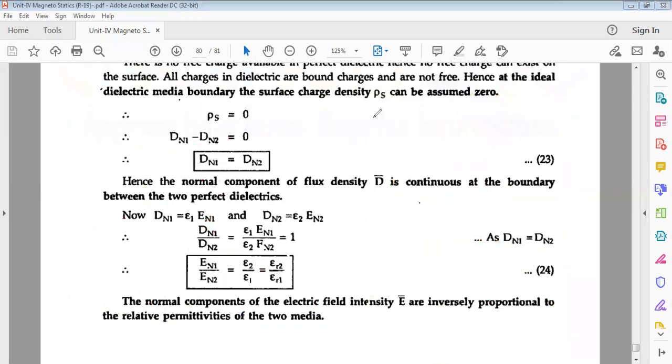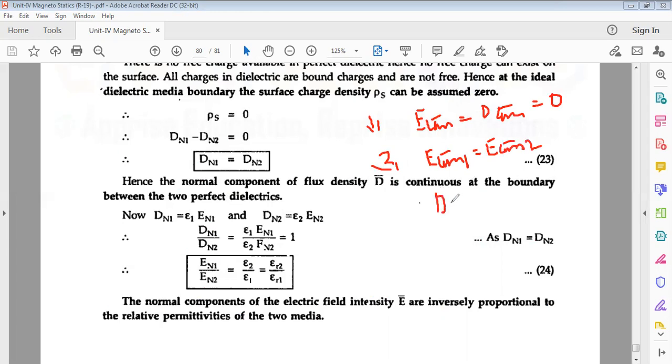So finally we conclude that at the boundary between the conductor and the dielectric, in the first case, E tan and D tan are both zero. And in the second case, in the dielectric, E tan1 is equal to E tan2, and D tan1 by epsilon 1 is equal to D tan2 by epsilon 2.